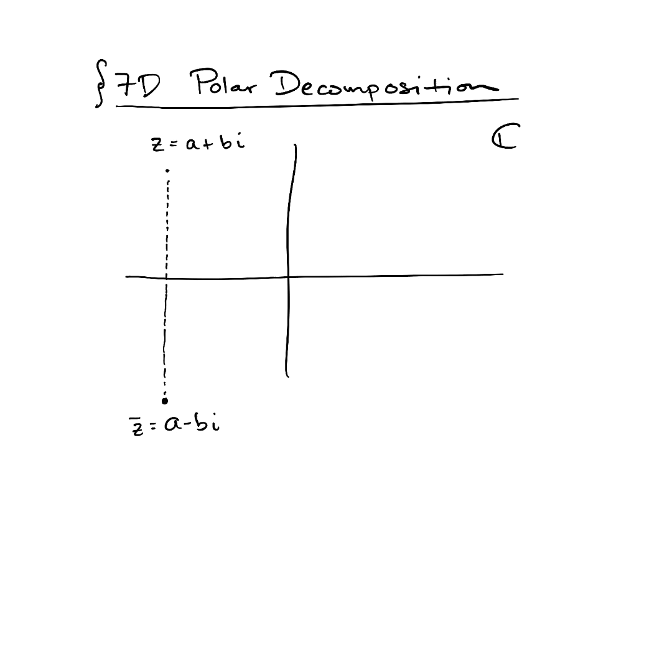So the set of complex numbers whose conjugates are themselves is simply the set of real numbers, here in blue.